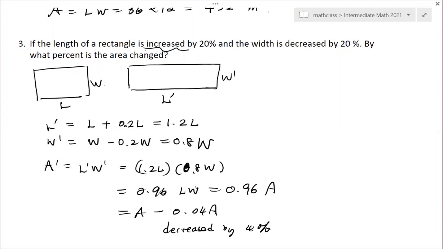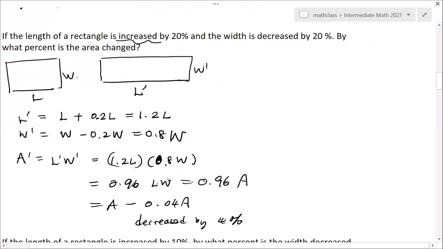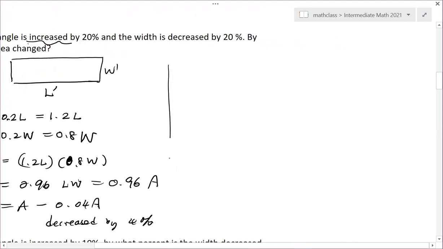This is another topic, how to understand the percentage problems, increase by R%, decrease by R%. Let me have a review here about the percentage.